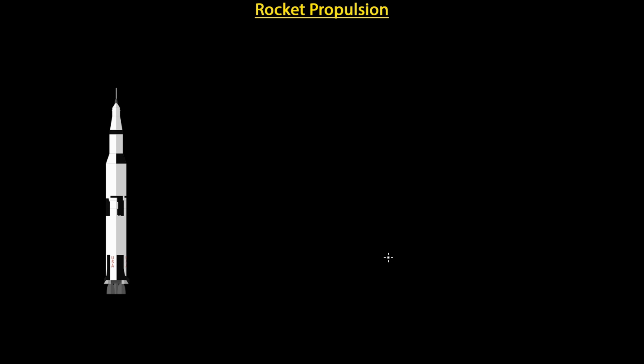So let's try some practice problems here. Imagine we've got the first stage of a Saturn V rocket. So that's the first stage there. And it consumes fuel and oxidizer at the rate of 1.50 times 10 to the 4 kilograms per second.